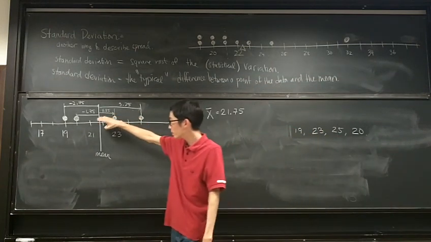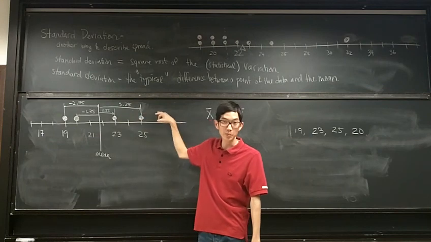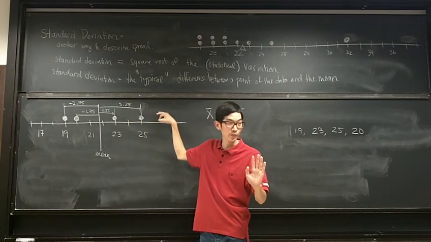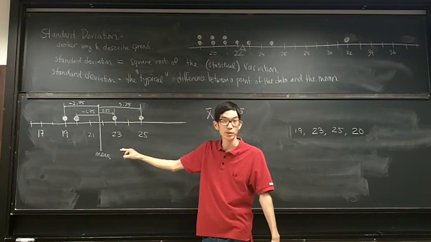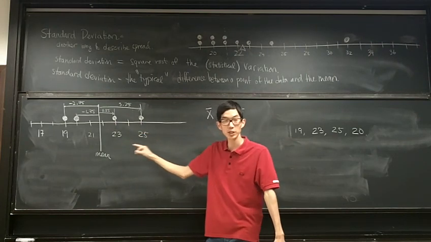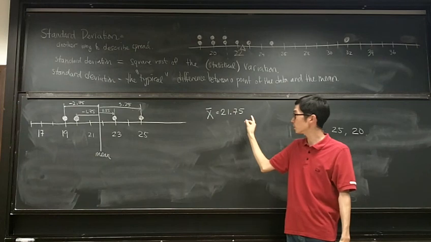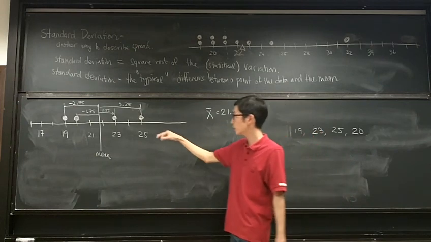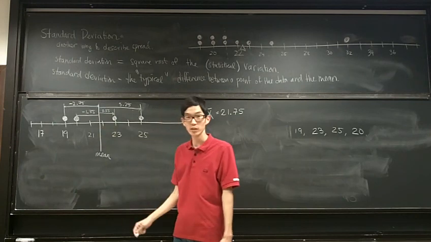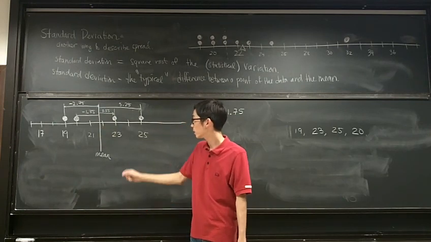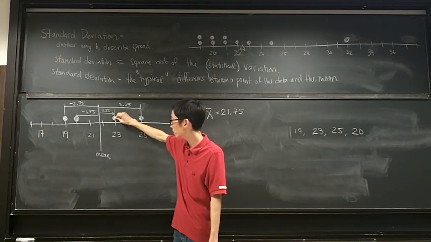Okay, so here I've got 4 dots on my dot plot, and we're good there. And then I found the mean. Are we okay with finding the mean? And what was my mean? 21.75. So I drew a line at the mean. And then I asked, how far away is this point from the mean?